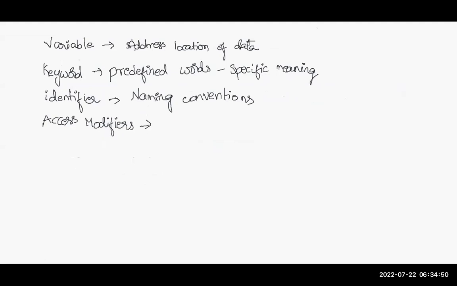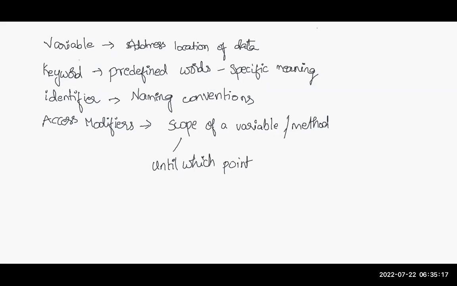To specify the scope of a variable or a method. So access modifier means scope of a variable. Scope means until which location, until which point the variable will be visible.